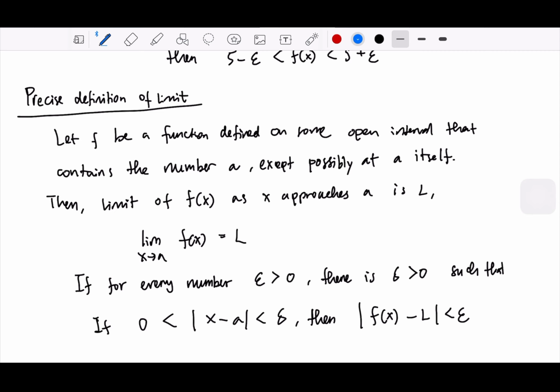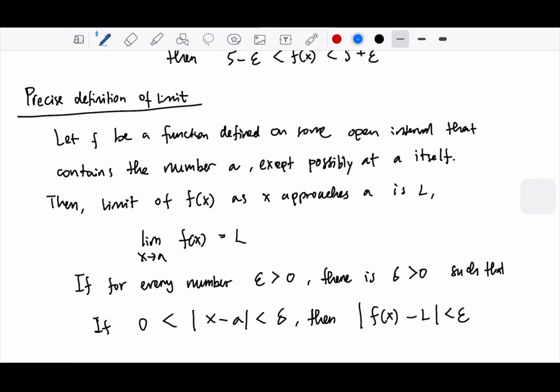But the problem is we are not sure how small the number is. So the precise definition comes up with a solution to know whether it is close enough, and how close, for that number to be approaching the value L. That's why we have another term to describe those numbers: epsilon and delta.